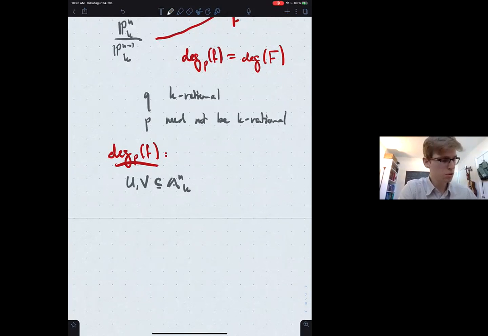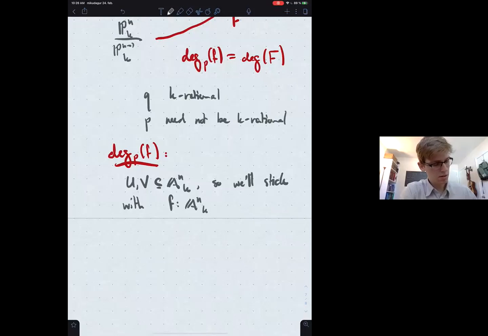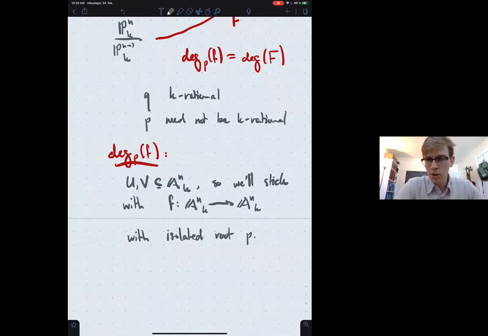And so we're going to restrict ourselves to endomorphisms of affine space. And we're going to assume that we have an isolated root. The point of this is we're going to construct a local complete intersection, and we want this to be finite dimensional as a vector space over the base field.